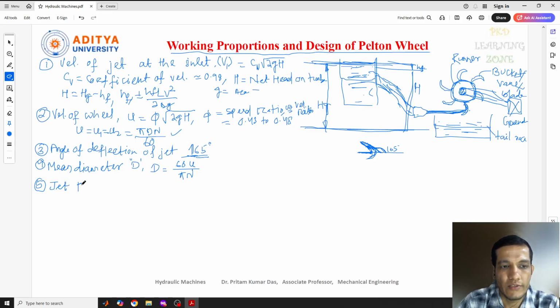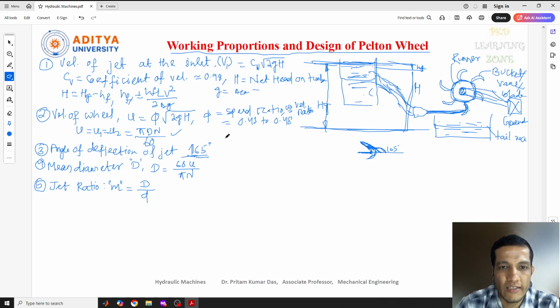The next one is the jet ratio. The jet ratio is denoted by m, and it is defined as the ratio of the pitch diameter D of the Pelton turbine to the diameter of the jet. Here capital D is the pitch diameter or mean diameter, and small d is the diameter of the jet.